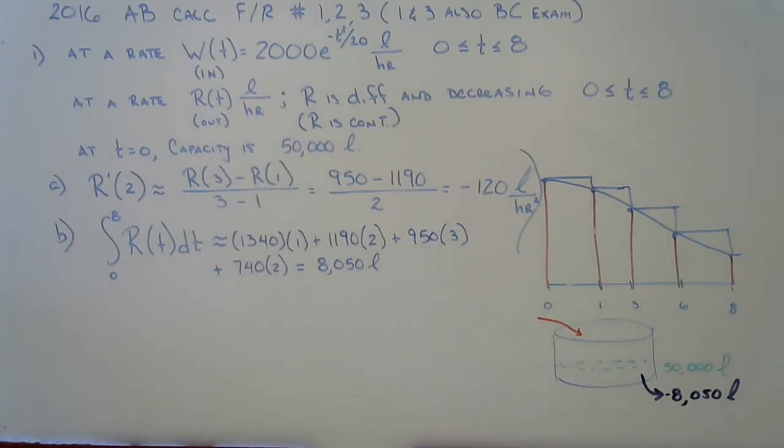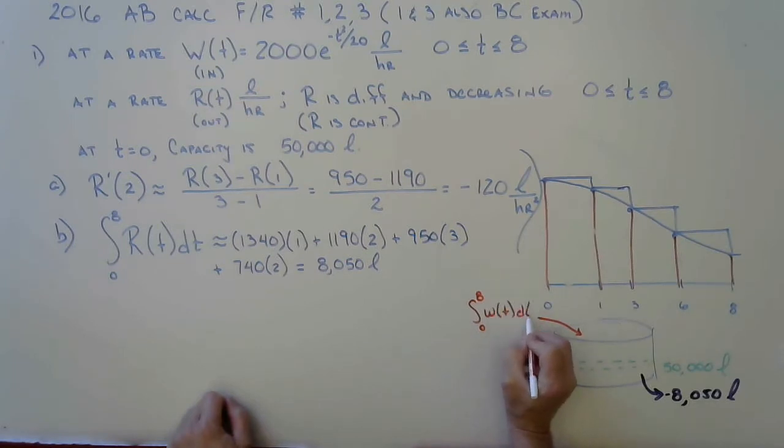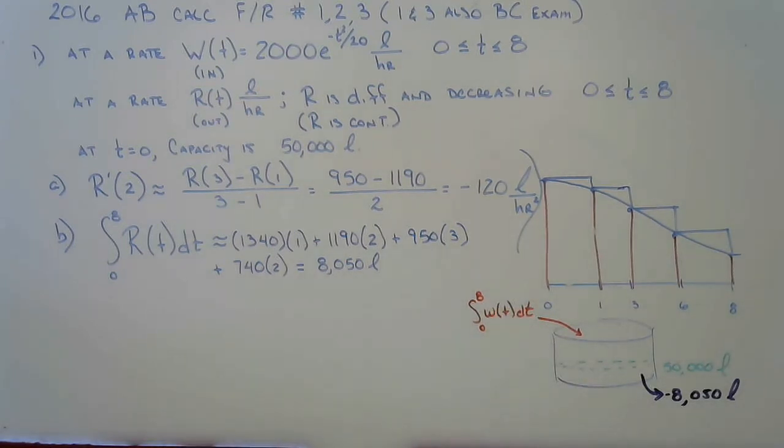But that's not the amount of water in the tank. That's the rate of the water going into the tank. So I need to turn that rate into an amount, just like I did in part B. So the amount of water that's gone into the tank is going to be the integral from 0 to 8 of W(t) dt. And since this is a calculator problem, they expect us to use our calculator to find that.